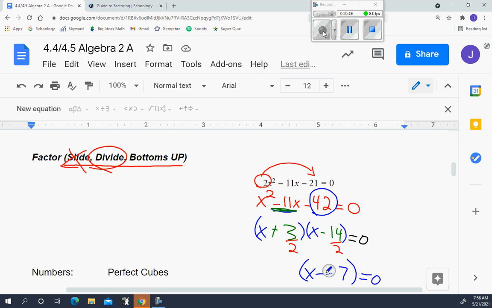Okay. Simplified that fraction. On the left side, 3 divided by 2 isn't a whole number, so what we're going to do is take that 2, and we're going to bottoms up, throw it in front of that x. 2x plus 3. Now I factor completely.